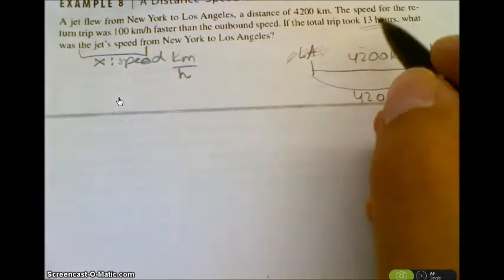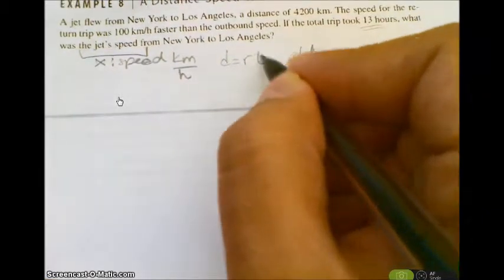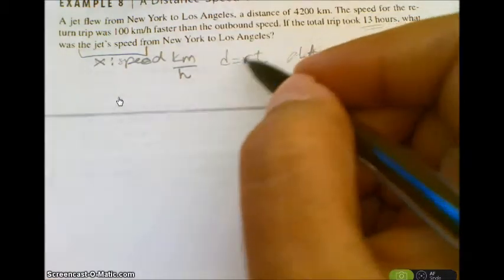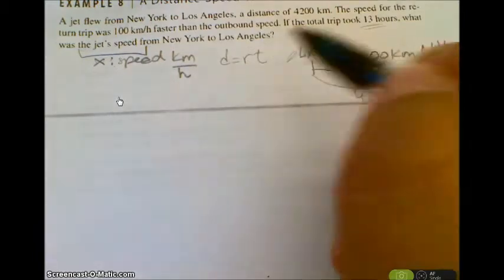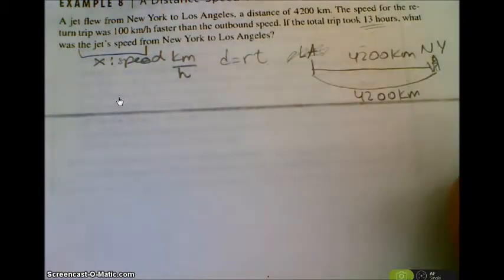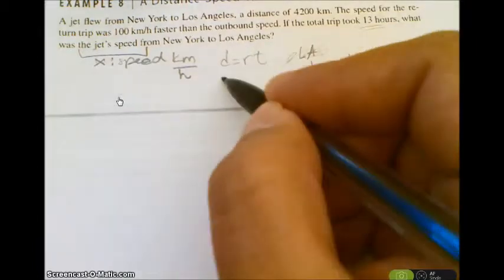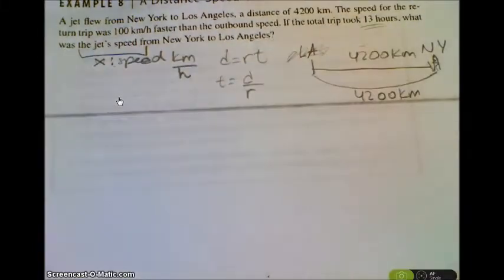So remember that distance is rate times time, or speed times time, or in any way that you may have seen it in middle school. We're going to be consistent with that. So that means that the time is distance divided by the rate, or speed.